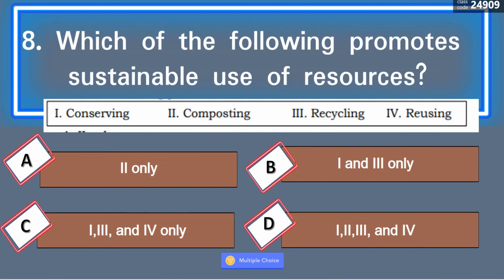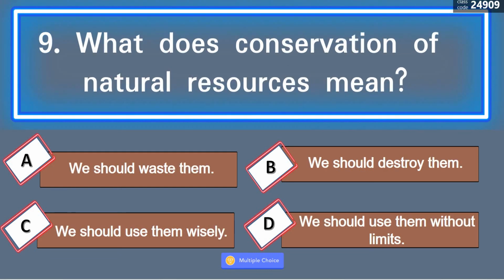Letter C. Number 8. Which of the following promotes sustainable use of resources? Conserving, composting, recycling, or reusing? Correct. All of them: 1, 2, 3, and 4. Letter D. Number 9. What does conservation of natural resources mean?